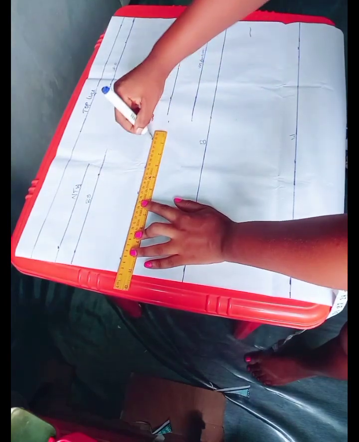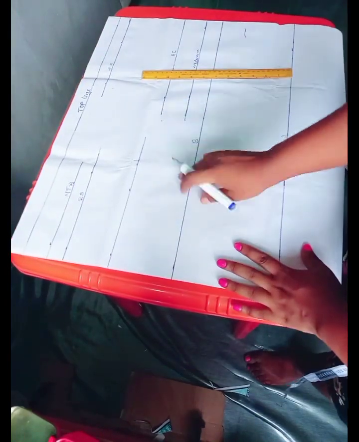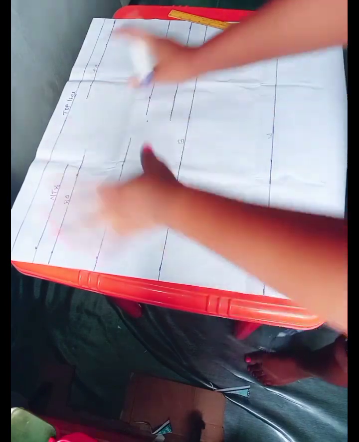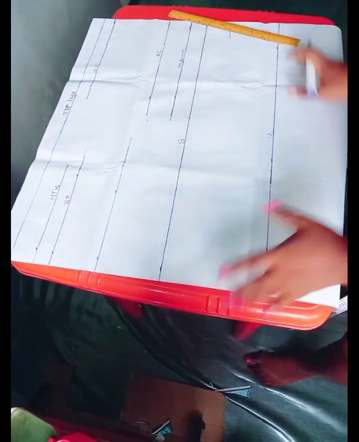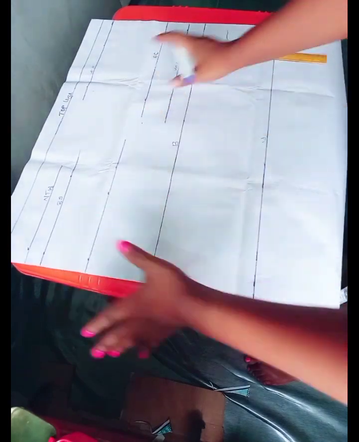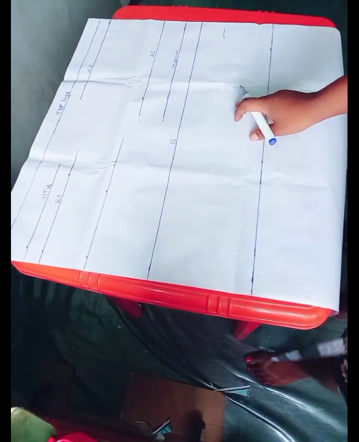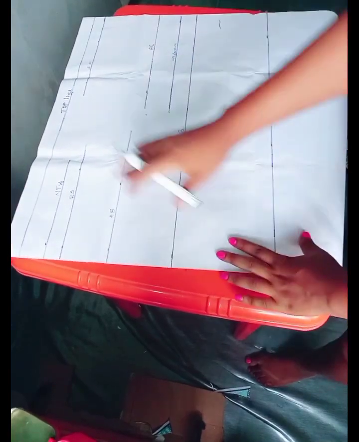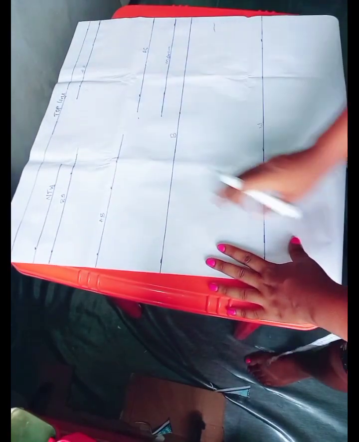So right now, this is the across back line, and that is all for the block. Okay, so this is the major block you need to draft these basic bodice, front and back. So that's all for the drafting of the block.